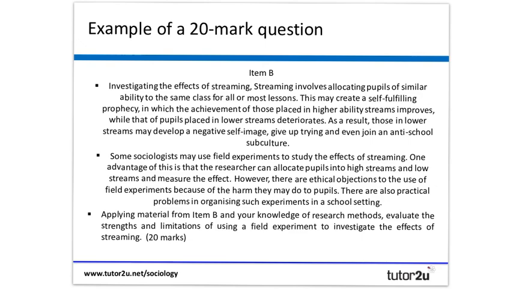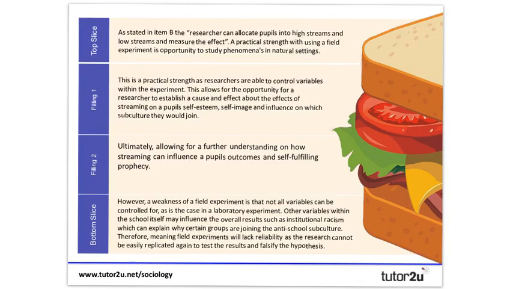Now, what I'm going to do is I'm just going to show you a quick little paragraph so you can kind of understand what's required of you in terms of a structure within a paragraph itself. Now, I'm using the sociological sandwich paragraph just to help you understand as to where each point's going there overall. So we've got the top slice there, as stated in the item B, the research can allocate pupils into high streams and low streams and measure the effect.